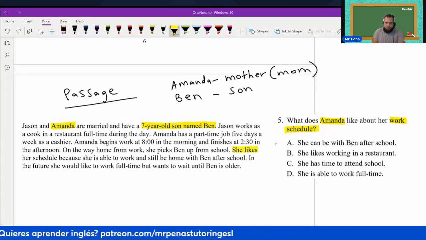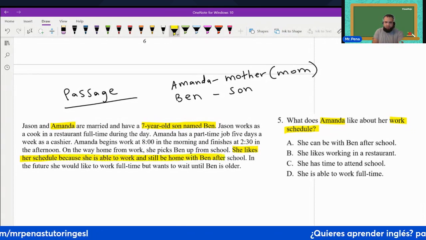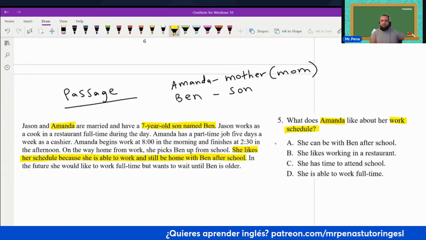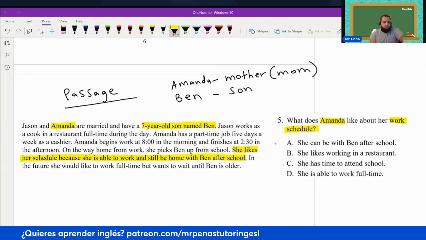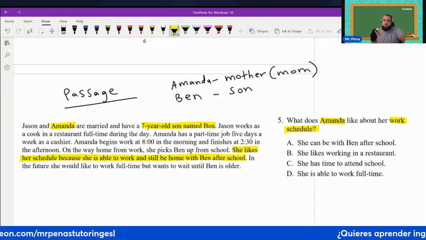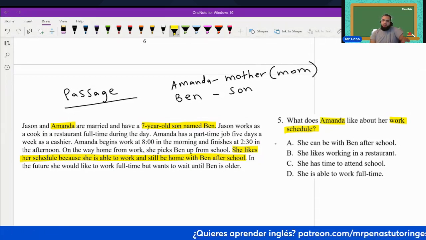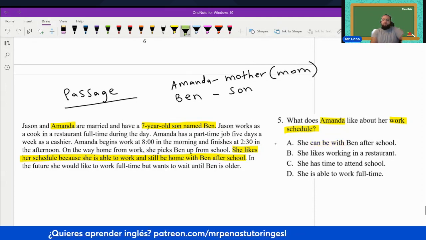She likes her schedule because she is able to work and still be home with Ben after school. I knew it was going to be about Ben because she's a mom, right? Her job as a mom comes first. So she's able to work and still be home with Ben after school. So number 5 is she can be with Ben after school.